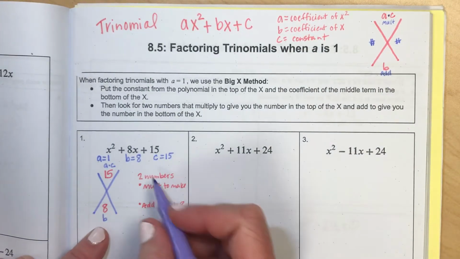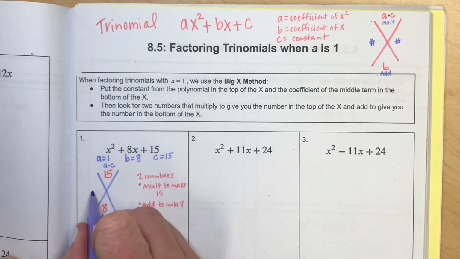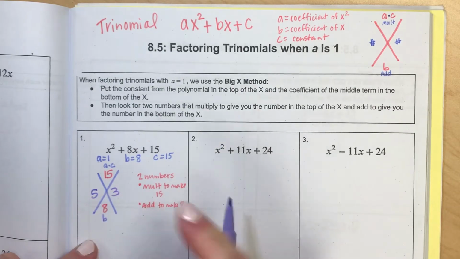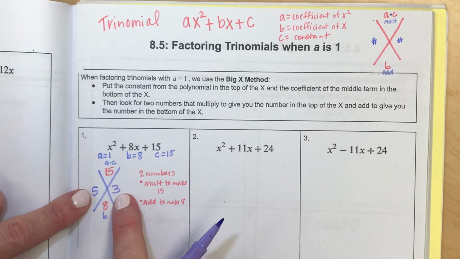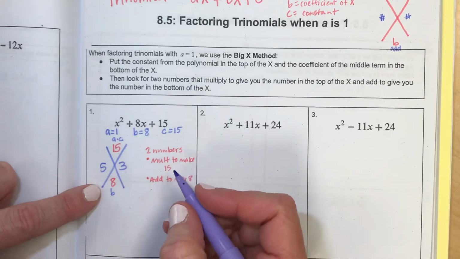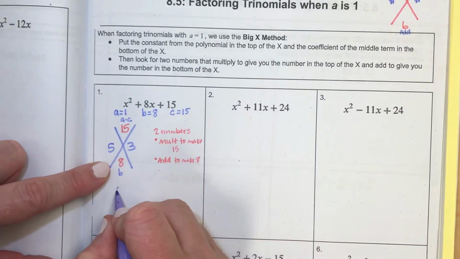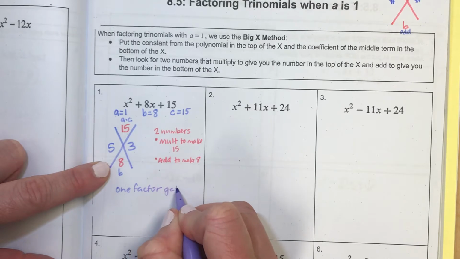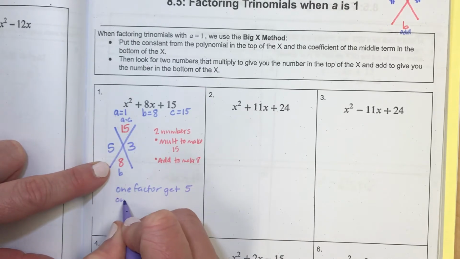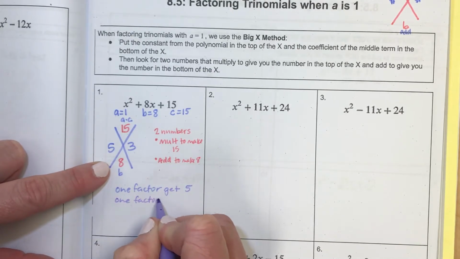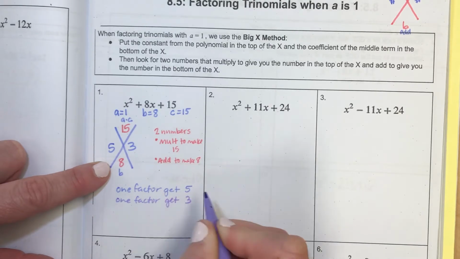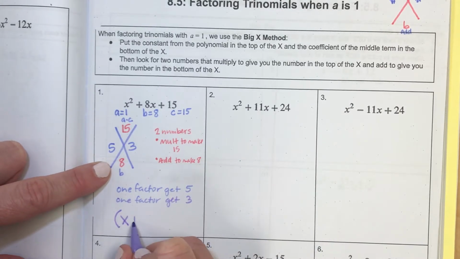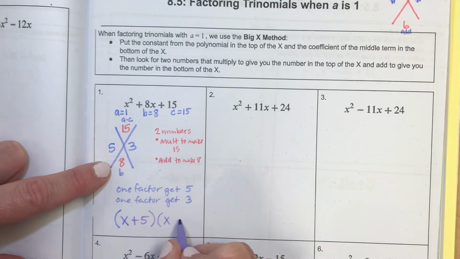So those numbers would be, if they multiply to make 15 and add to make 8, a 5 and a 3. Now those two numbers here, the 5 and the 3, one of your factors will get the positive 5, and one factor will get your 3. And so it will look like this: x plus a 5 and x plus the 3.